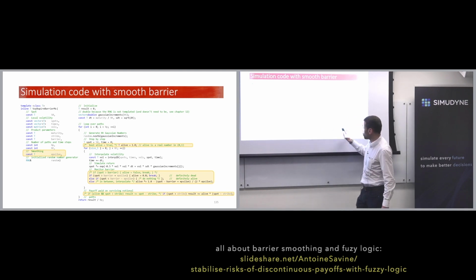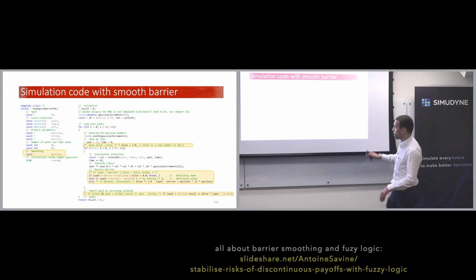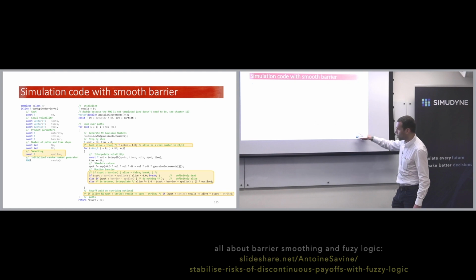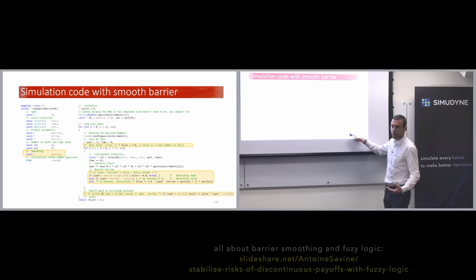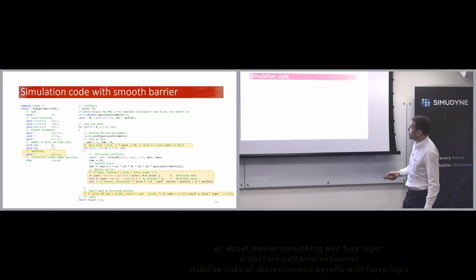But if I'm between, I multiply my alive by an interpolation between the barrier minus epsilon and the barrier plus epsilon, and I knock out part of the notional. And in the end, I deliver my European call, but on the fraction of a notional that's still alive. That's it. So now I have a smooth barrier. I can differentiate it.